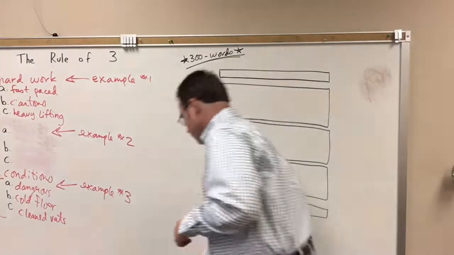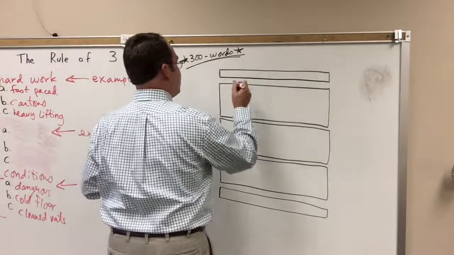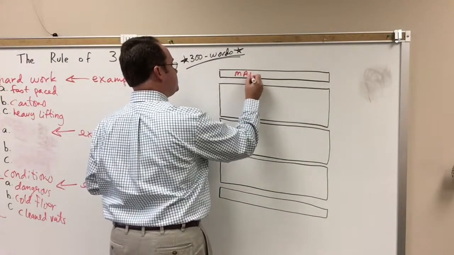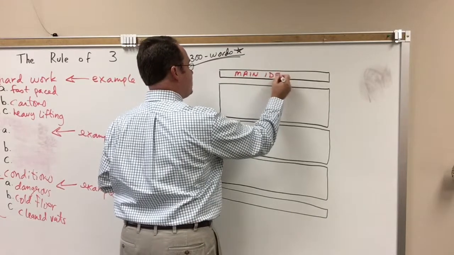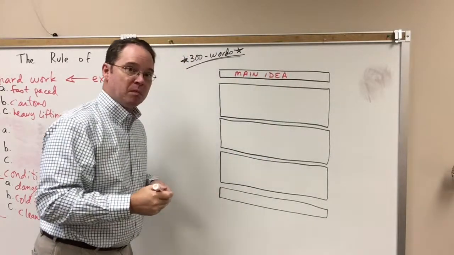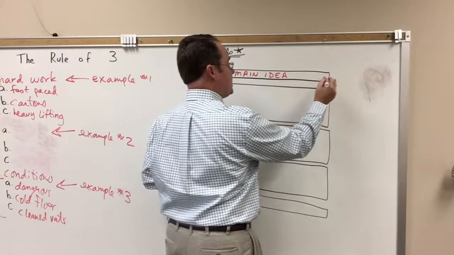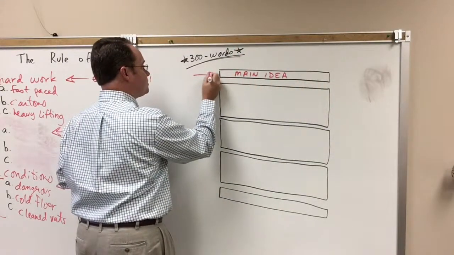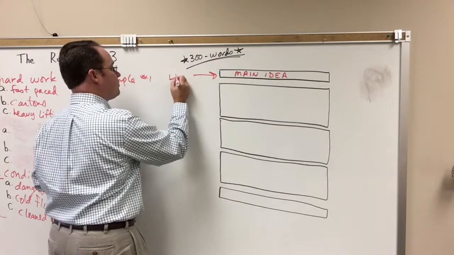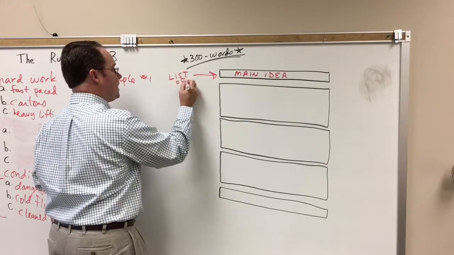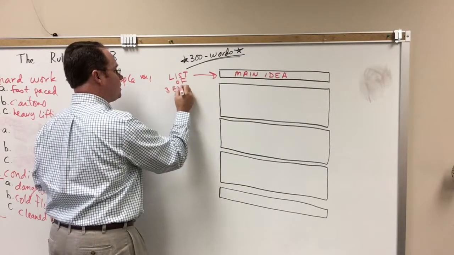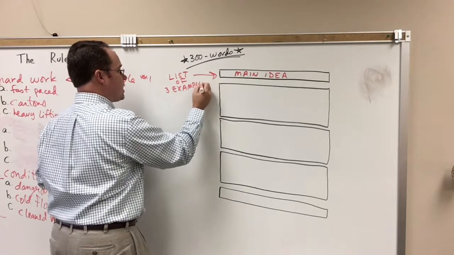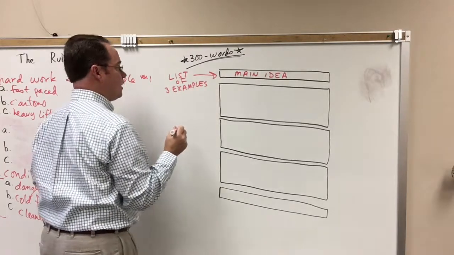Now, at the top, what this is going to become is the paper's main idea. Now, inside of this main idea here, we should be able to find a list of the 3 examples, right?